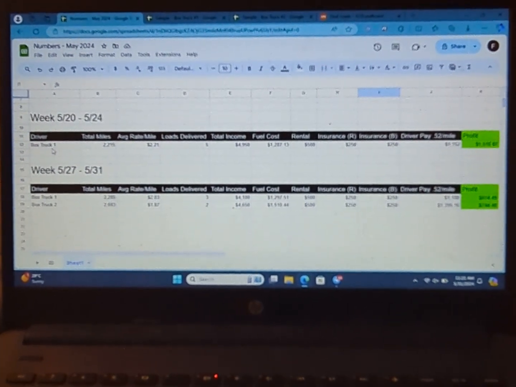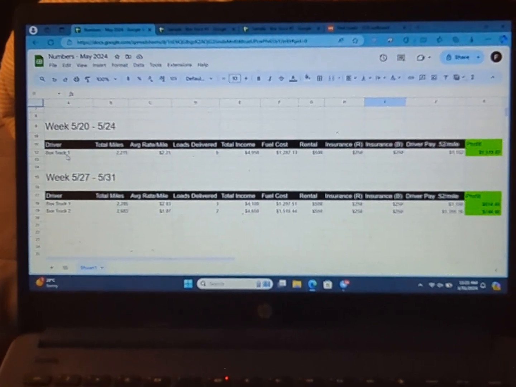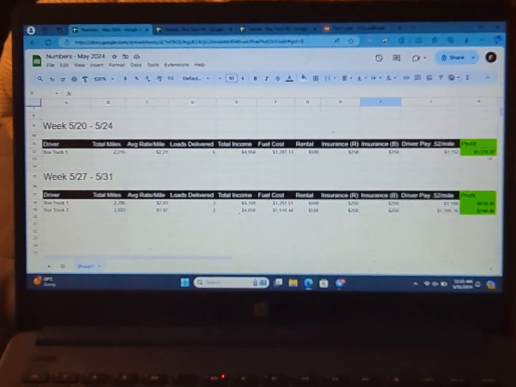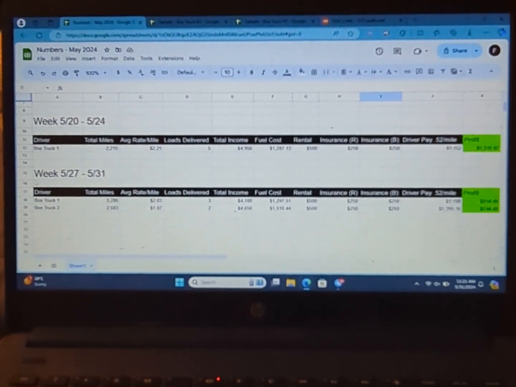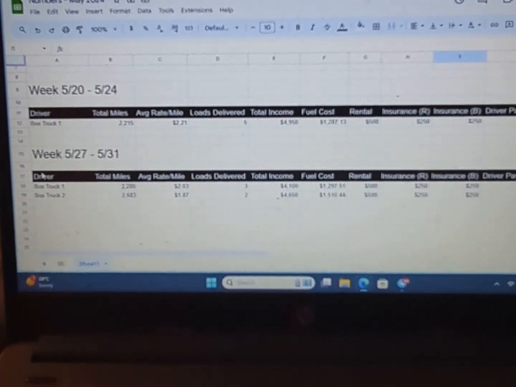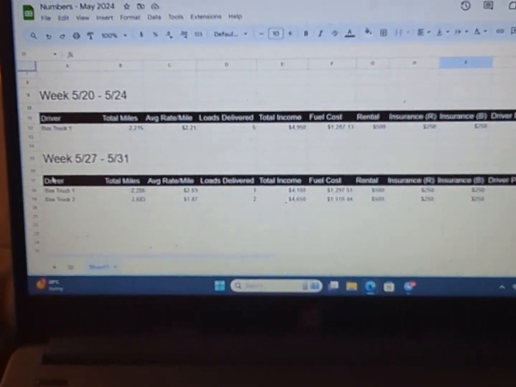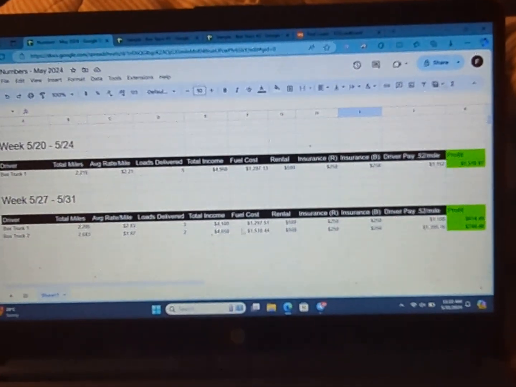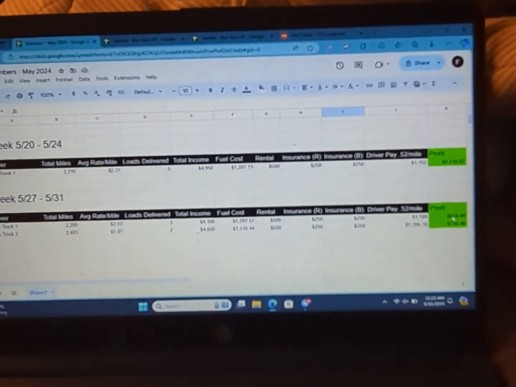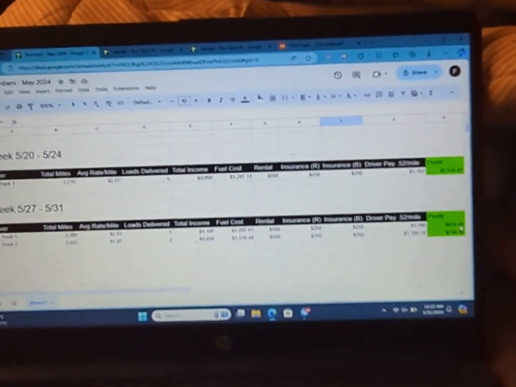Week 2, I only had the one box truck I was still using, and the profit for that was $1,510.87. Now the third week, the last week in May, as you can see, that's when I had my 2 sample box trucks running, and I had two different numbers. The first box truck got me $614.49.